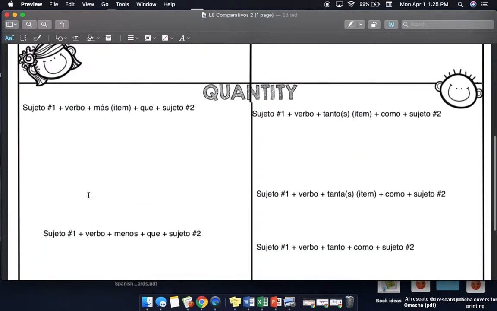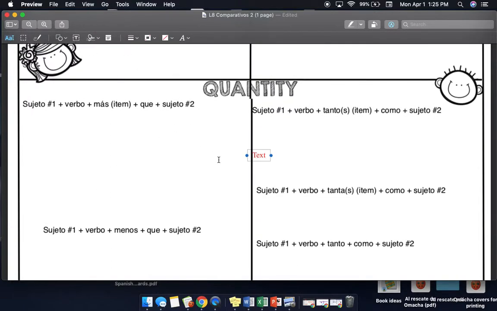Now, when we're looking at quantity, okay, it'll change slightly different, but not a whole lot. Only thing that is key is that we have to add what it is that we're quantifying. What is it that someone has more or less? For example, Mónica tiene más libros que Pedro.